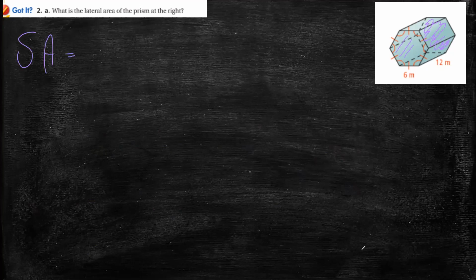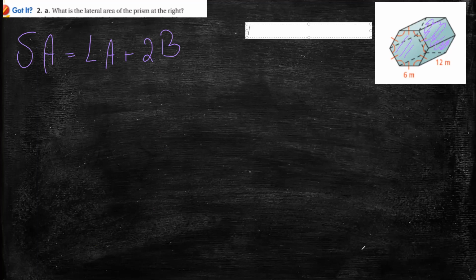The surface area, we said, is the lateral area plus 2 times the area of the base. Let's find the lateral area. As you remember, the lateral area is equal to the perimeter times h. And the area of the base here: look at the base, it is a hexagon.